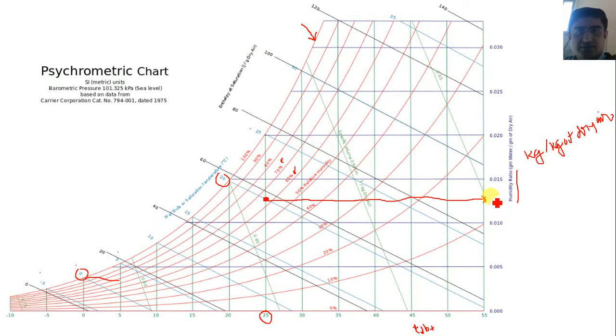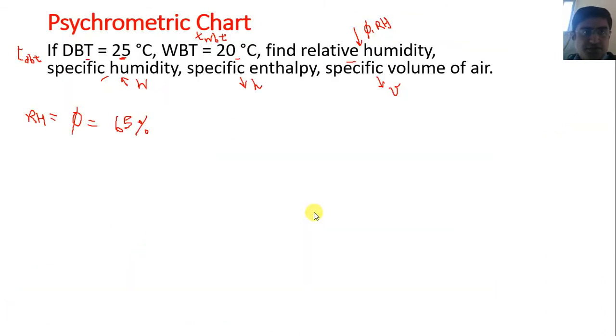So the value of specific humidity for our given case is the intersection of 0.010 and 0.015, so it is equal to 0.0125. So the value of specific humidity is 0.0125 kg per kg of dry air.